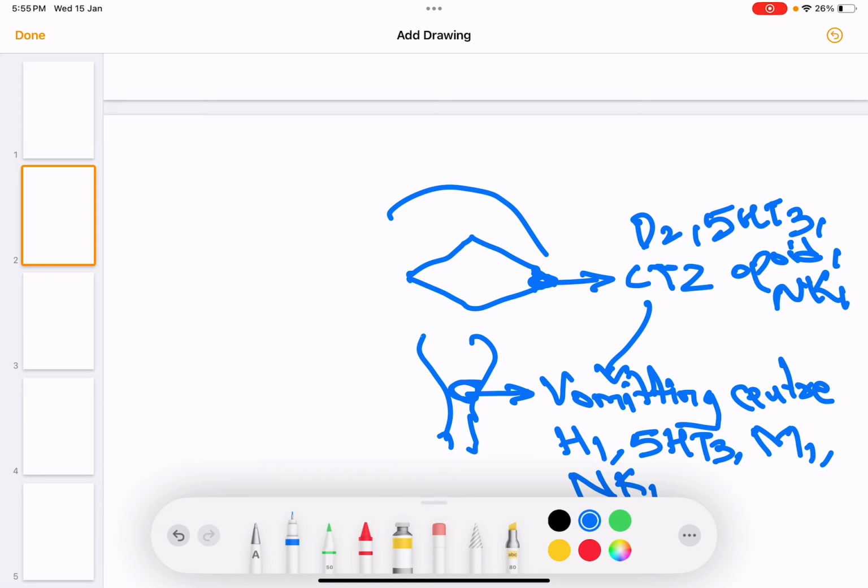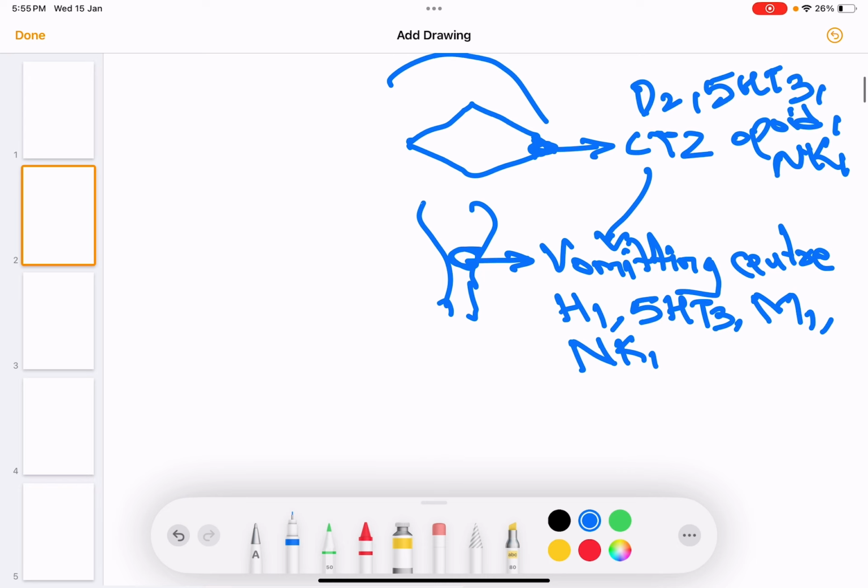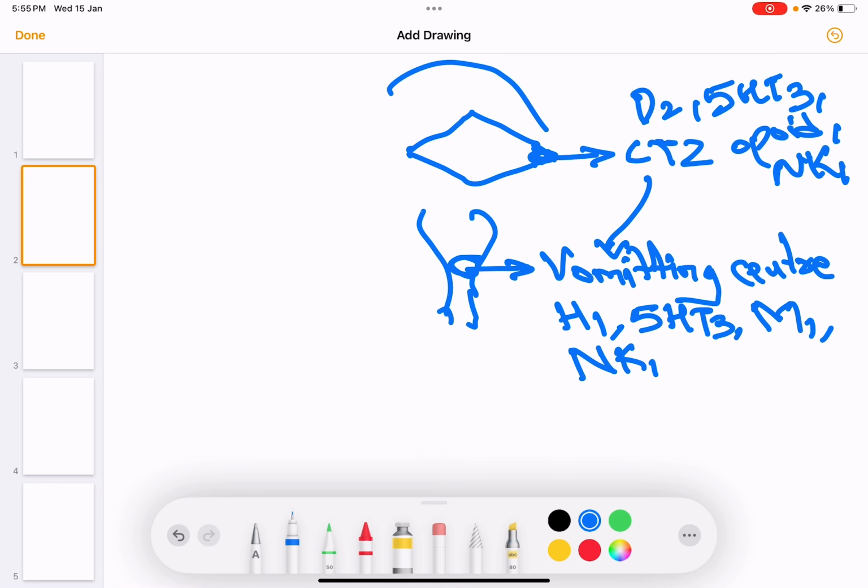Now the second area from which afferents go is the vestibular system. The vestibular system of the semicircular canals: there the movements in endolymph are detected, and via the 8th nerve afferents go to the vomiting center. The receptors involved are M1 and H1.